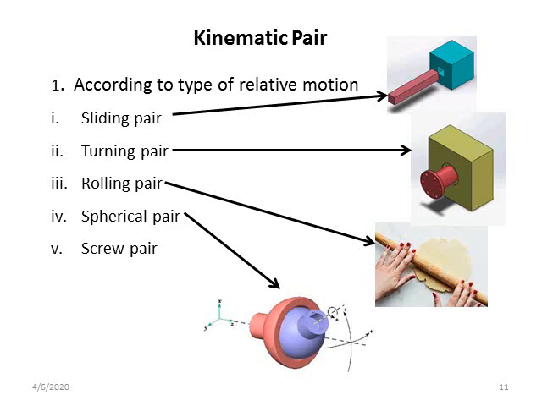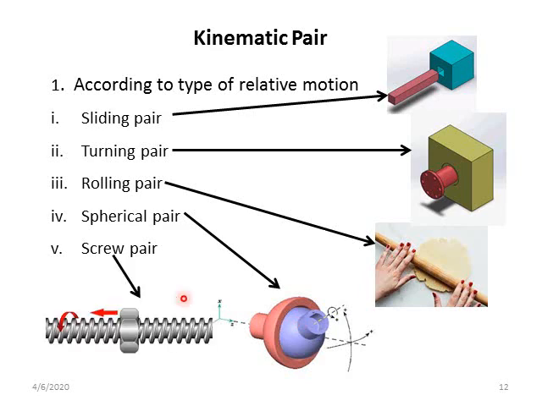The last one is the screw pair. There is a rotational plus axial motion, but both motions are along a specific path which is called the helix. In the screw pair, there is a nut which is one link, and the other link is the screw.